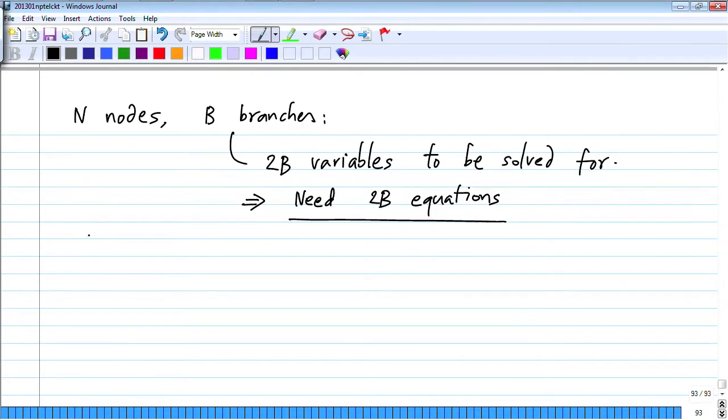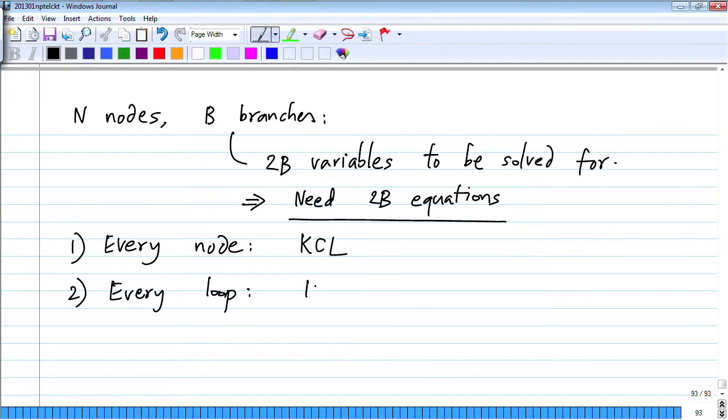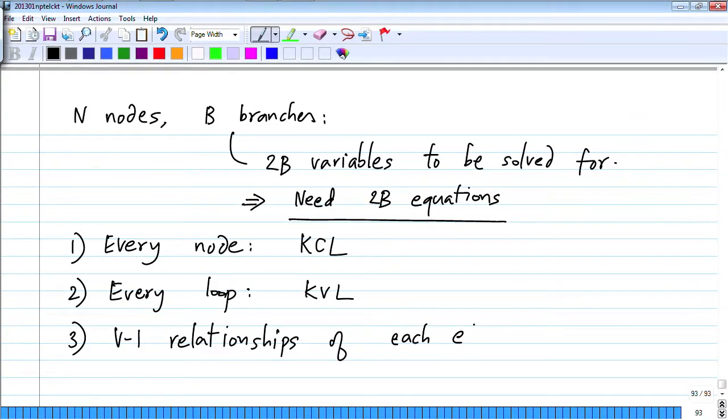First of all, at every node you can write Kirchhoff's current law, and around every loop we can write Kirchhoff's voltage law, and finally we have VI relationships of each element.